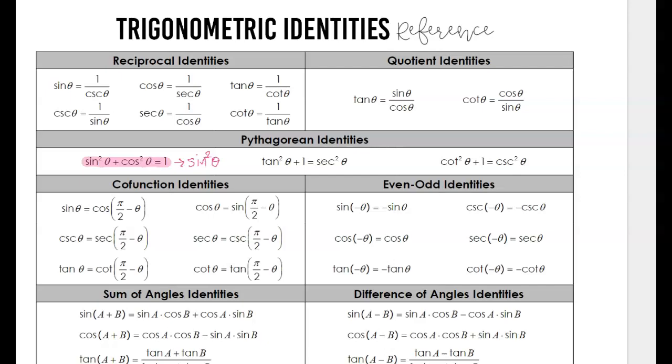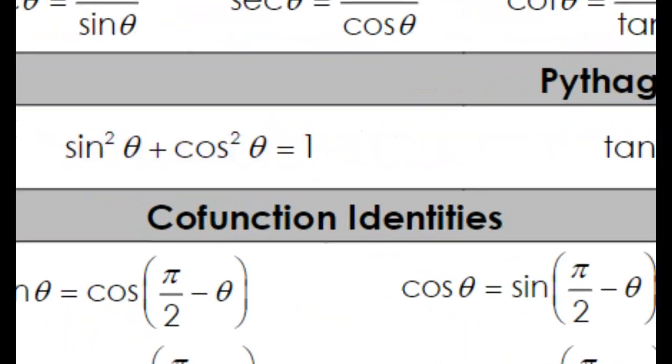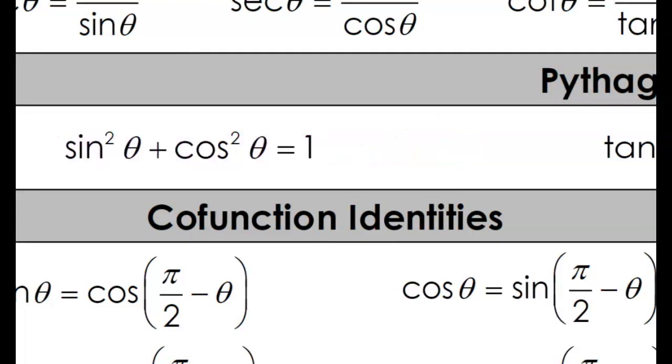Let's zoom in. Okay. So if I'm subtracting cosine squared of theta over, sine squared of theta is equal to 1 minus cosine squared of theta, which is what I was looking for.